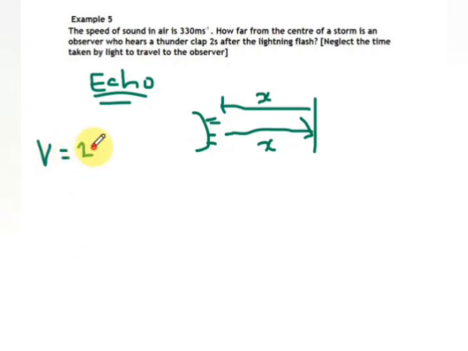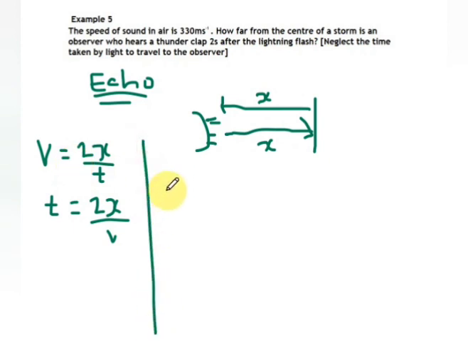So we know that V is going to be equal to 2s all over t. So from here we can say that t is equal to 2s all over v. T is the time taken for the sound to travel and the echo. So from the question, t is 2 seconds, so we can just put in the values. Here we are given the speed, so v is equal to 2s divided by t. Now when we cross multiply, we have 2s is equal to vt.